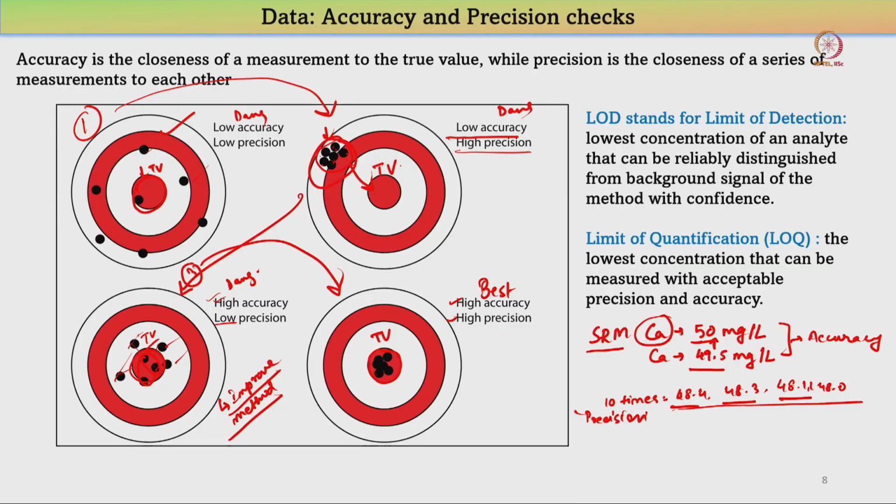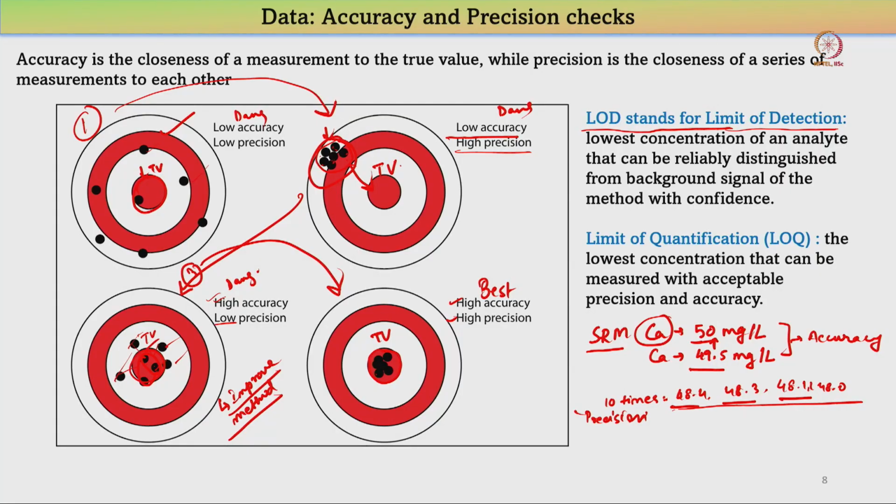Now, another thing that we need to know is the limit of detection, LOD. What is the limit of detection? The limit of detection is the lowest level that can be confidently distinguished from the background signal. Of course, all instruments have some background value, some noise.